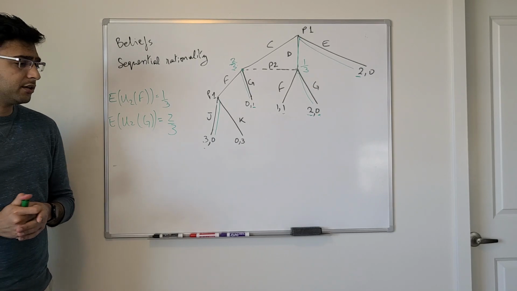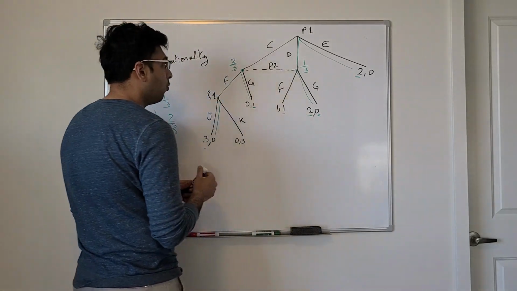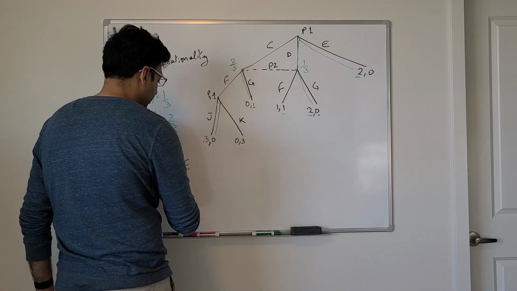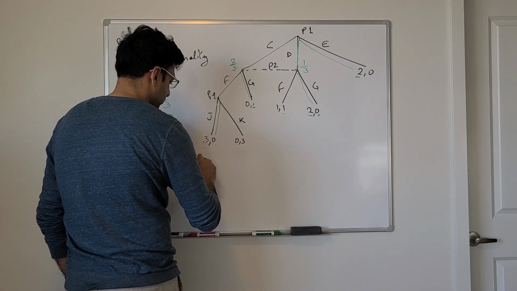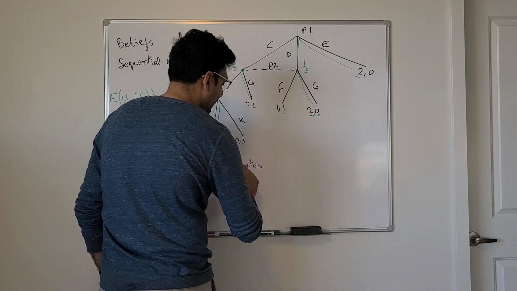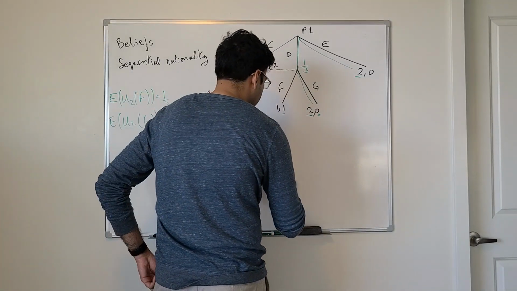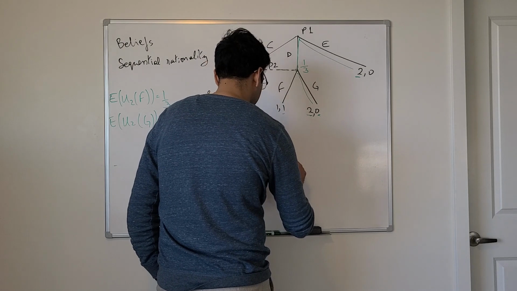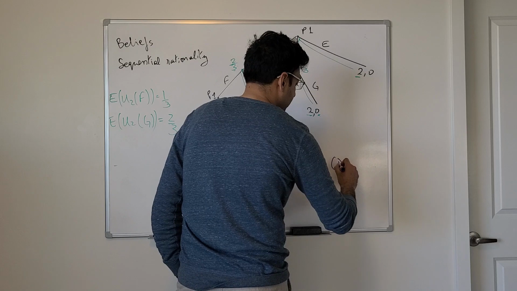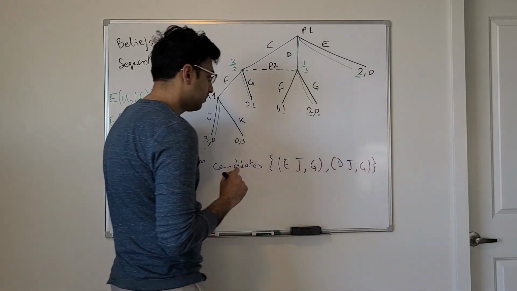However, we are going to have an issue with this because, what are our candidates for equilibrium? And I say candidates because both of them are not going to be equilibrium here. Our candidates are either E, J, G or D, J, G. Right?